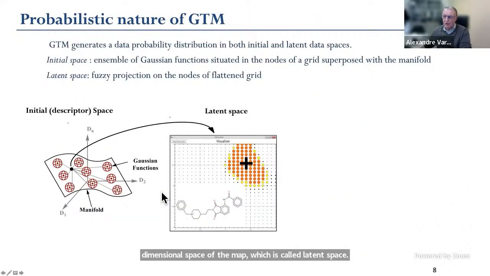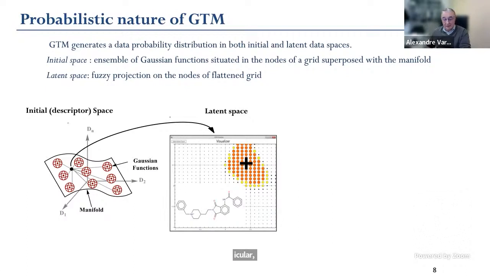An interesting particularity of GTM is that this algorithm allows not only to visualize the data in two-dimensional space, but also generates the data probability distribution in both the initial space of n descriptors and the two-dimensional latent space. In the initial space, the data probability distribution is modeled by an ensemble of Gaussian functions localized at the nodes of a rectangular grid superposed with the manifold.